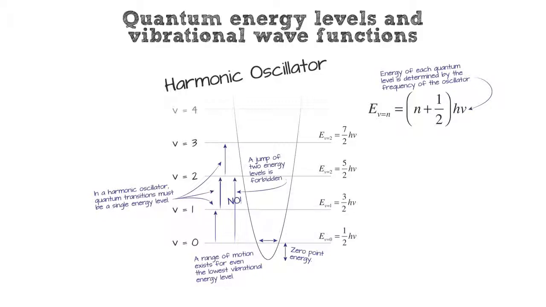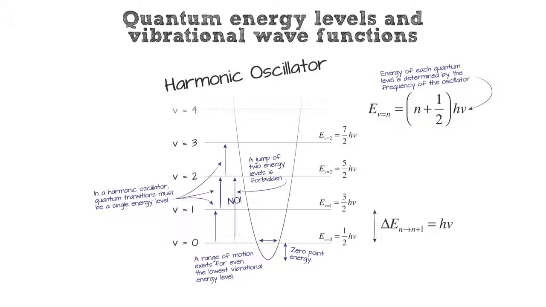Because the reality is the Morse potential, which is asymmetric and does not completely forbid two energy level jumps. Now, they're much less likely, because remember, toward the bottom of the energy well, the shape is very similar to the harmonic oscillator. So really, as you may have already gathered in the world of chemistry, forbidden doesn't mean impossible. It just means really, really unlikely, because nothing's perfect.